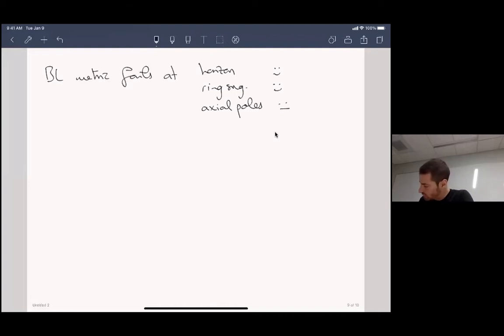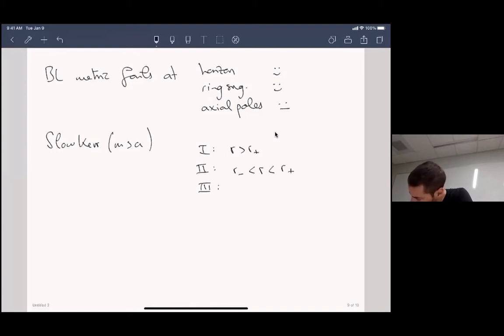So this leads to a notion of blocks. For slow Kerr, which is when M is bigger than a, we have 3 blocks or 3 regions. r is bigger than r plus, that's the exterior. r minus is less than r, which is less than r plus, and then r is less than r minus.